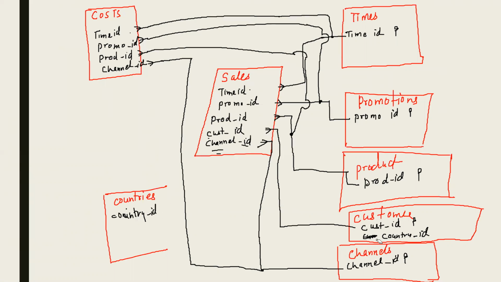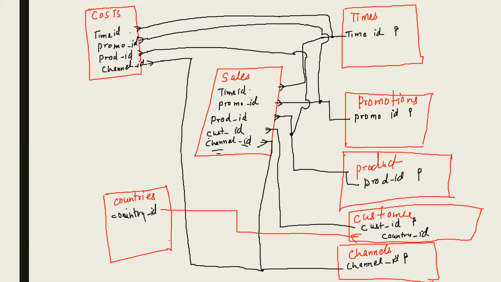The country ID from the customer table should be referring to it. There is a foreign key. It should be mentioned like this, not the other way around. This is how it should be mentioned.